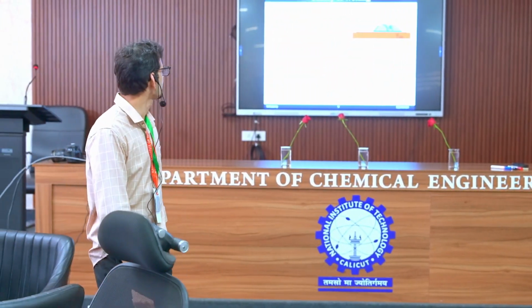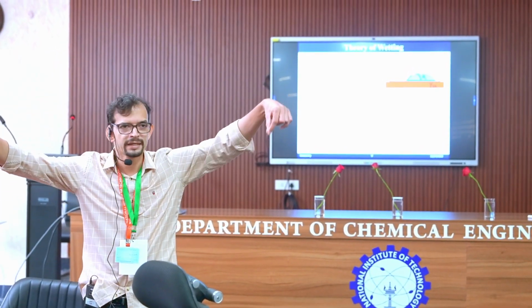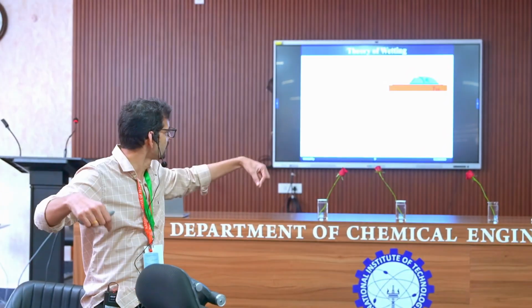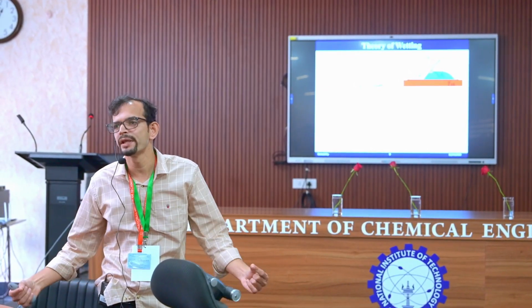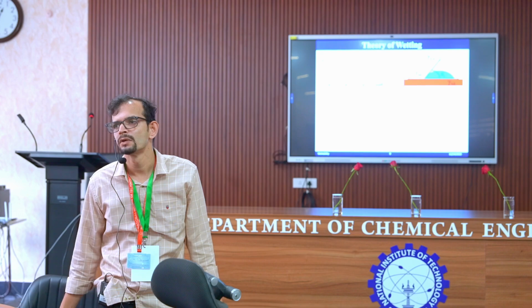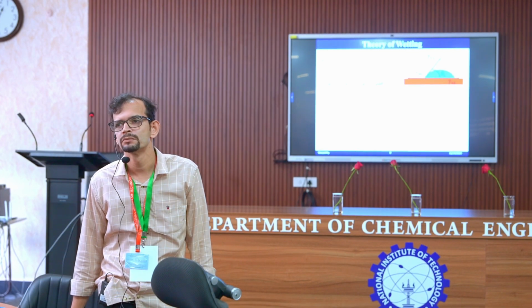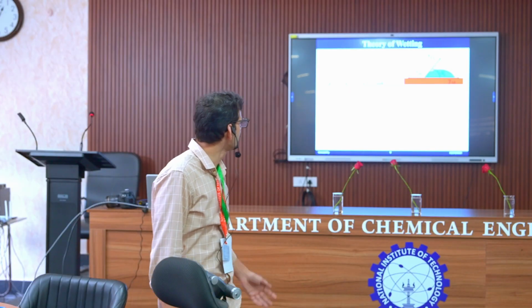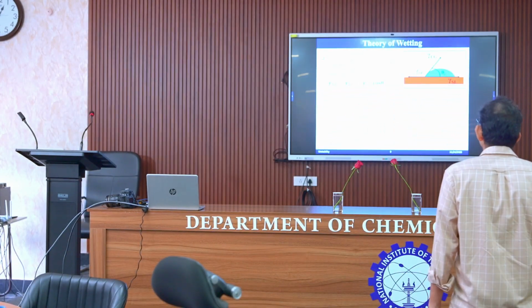And there is another, solid and gas, right? At the 3-phase contact line, the point where they meet, the drop has to take a decision, right? What shape, how will I balance this, right?